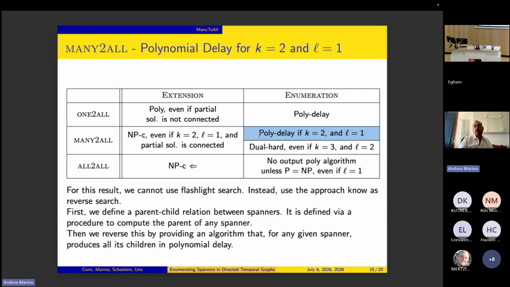Intuitively, the parent is the other solution that, by applying some operation, will produce the new solution. So you define this parent-child relationship between solutions in a way that each spanner has only one parent. Then you have to design also the opposite operation: given a parent, produce in polynomial time, polynomial for each of the children, all the children of the parent.